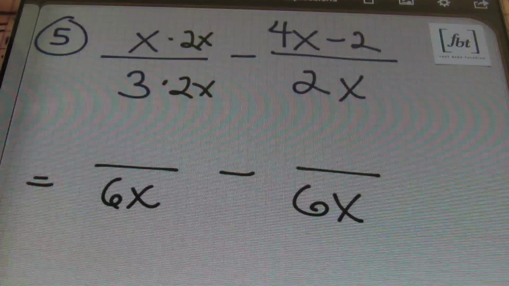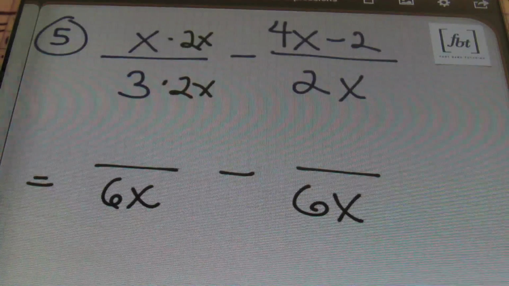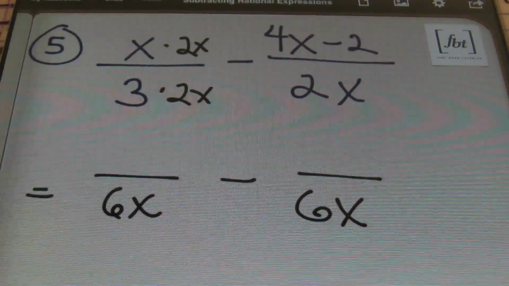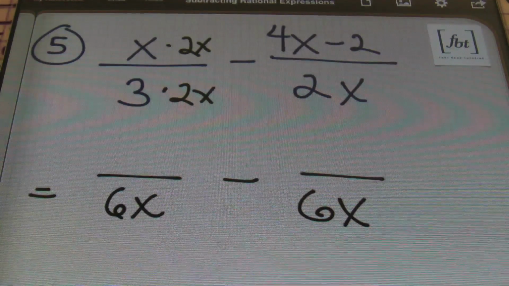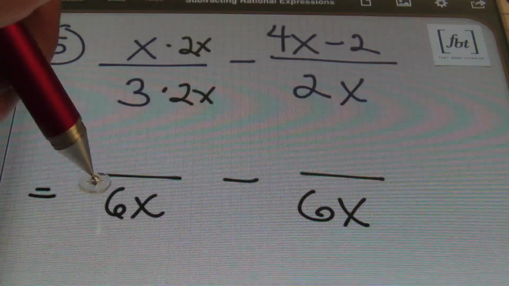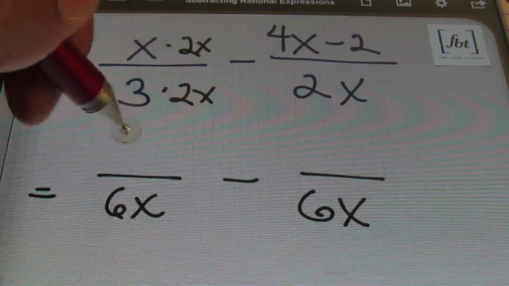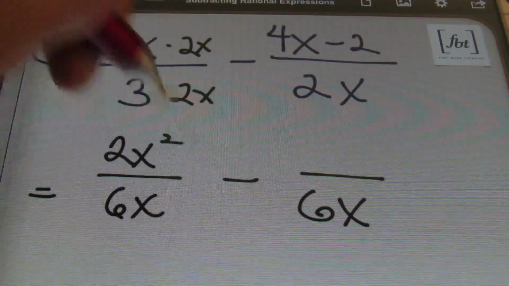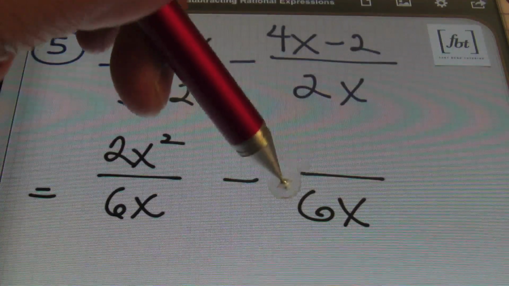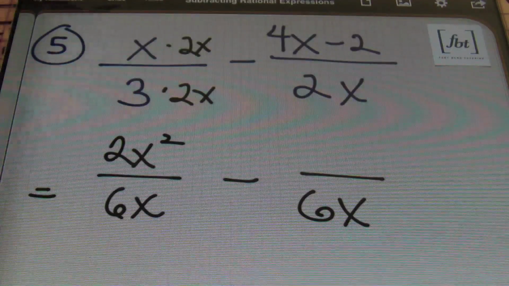So once again, those same concepts that you use for fractions, you'll also use for rational expressions. So you always have to have an equivalent fraction once you change that denominator. So 3 was multiplied by 2x to get 6x, and now x times 2x will give me a result of 2x squared. In our second denominator here, I had 2x, now I have 6x, so we had to multiply that by 3.